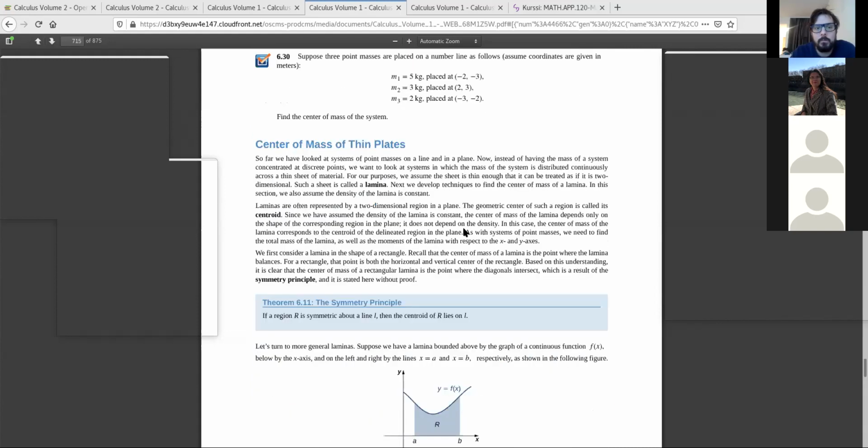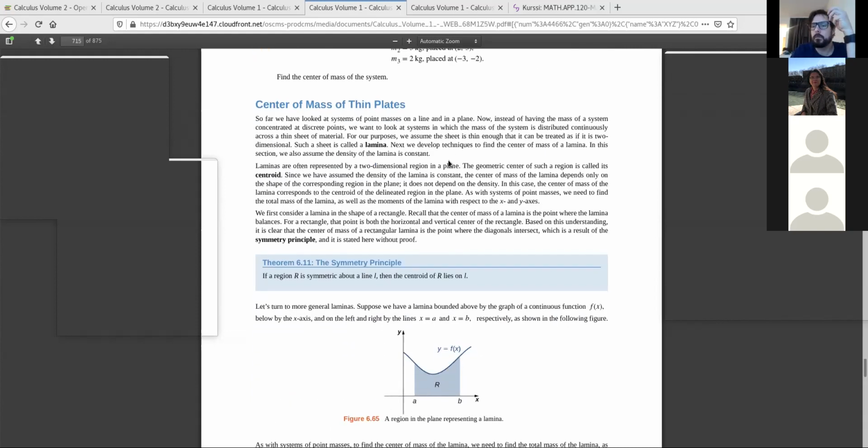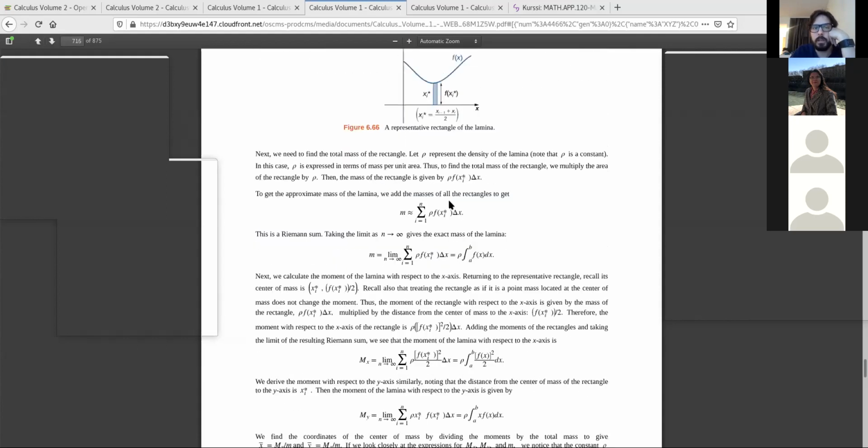The center of mass calculation is exactly the same thing as calculating the expected value of a distribution, and the moment of inertia corresponds roughly to the calculation of the variance of the distribution. So this is something that you might want to study.